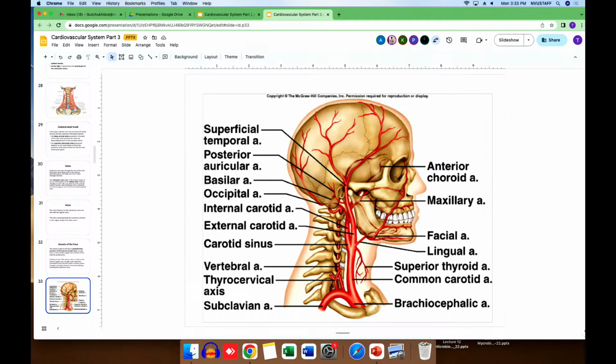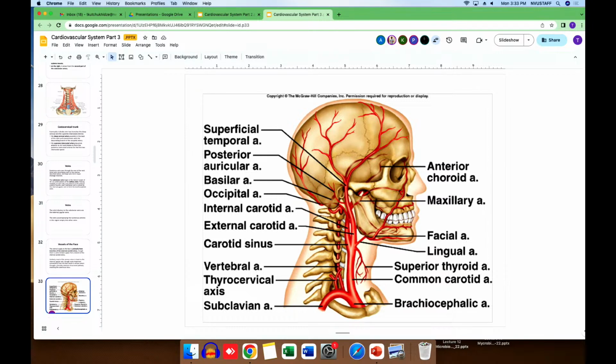After this point, our facial artery runs upwards and medially in this course, and it also passes alongside the nose and terminates as the angular artery in the medial corner of the eye. Okay, so do you have any questions regarding this?